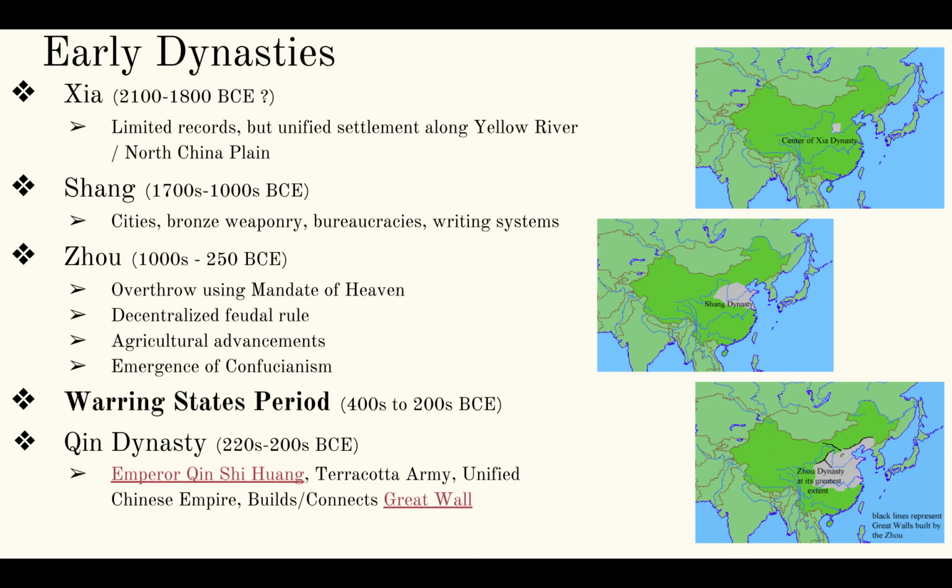It's analogous probably only to the pyramids of Egypt in a lot of ways, and some of the extreme resources that are directed there. It's an army of soldiers and chariots and administrators and all of the other things that would attend to the emperor that he has carved out of stone.